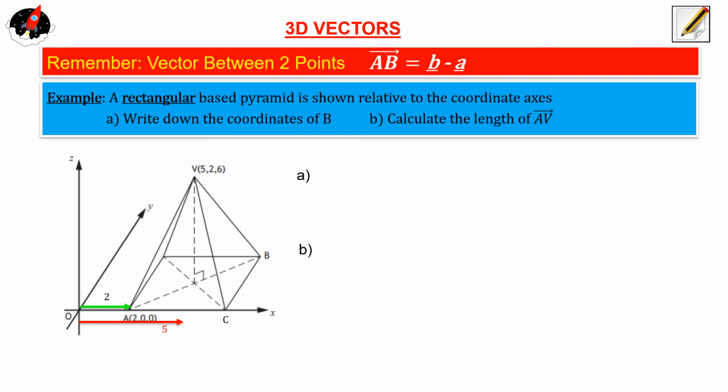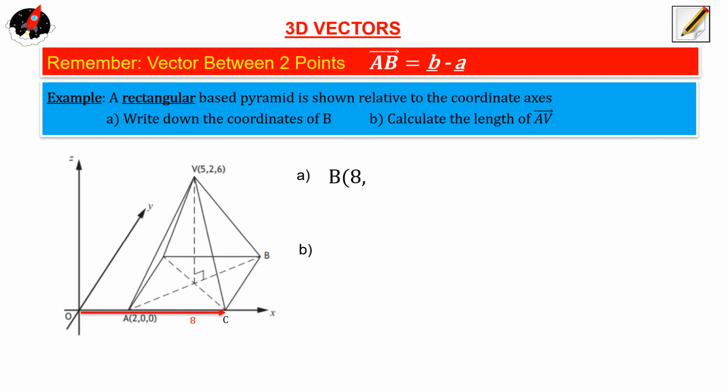So from that we can see that from A to the middle of the edge AC is a distance of 3. Now that's halfway along that edge, so therefore we need to go a further distance of 3 to get to C, which means altogether from O to C is a total distance of 8. So our x coordinate of the point B is 8.